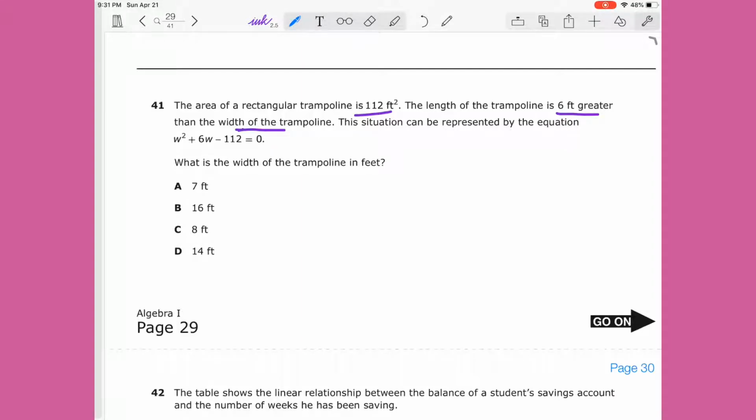So we know that we have w squared plus 6w minus 112 is equal to 0. So we can think about the two factors. What two factors of 112?